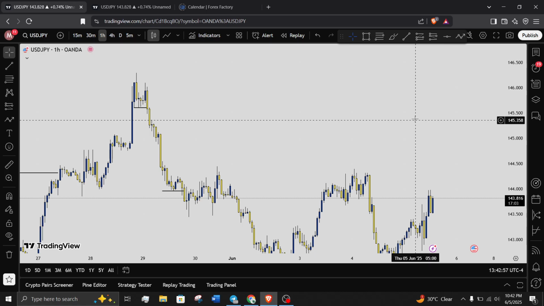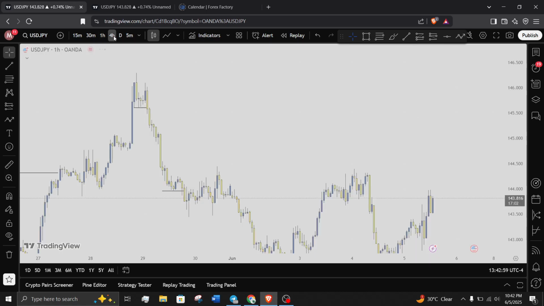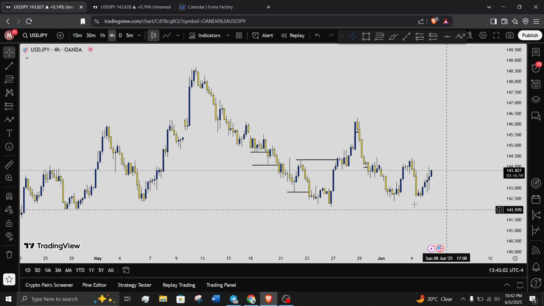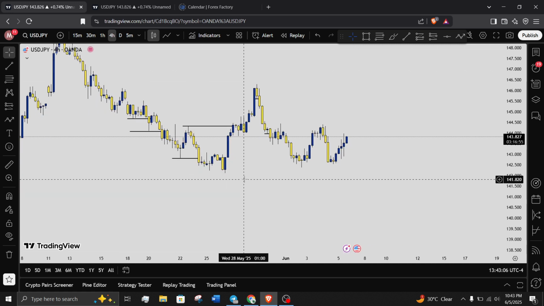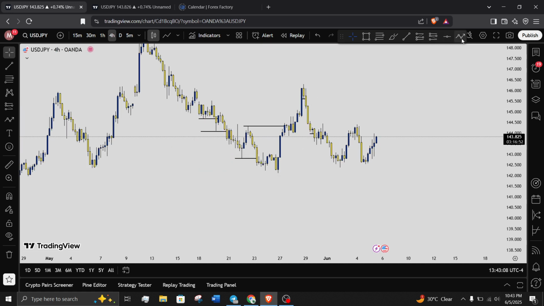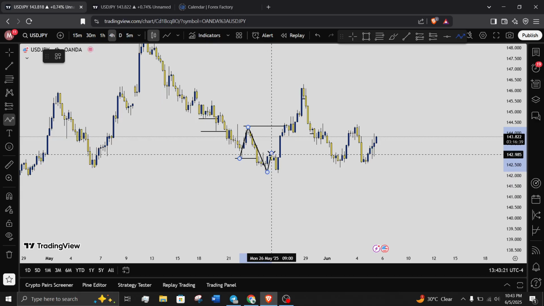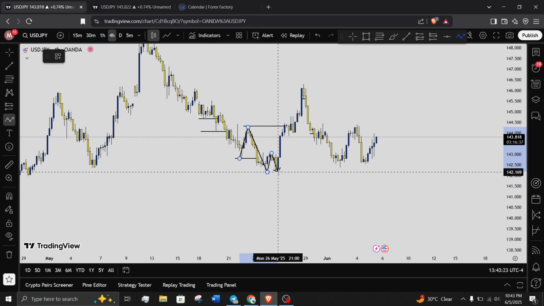Now, one thing I want you to do is to understand how to ignore little noise in your structure. So think in form of waves instead of candles. Our bullish wave started from here, went to this point. Then this bearish wave came all the way down to this point, then went up here, then failed to break this low and came down here.